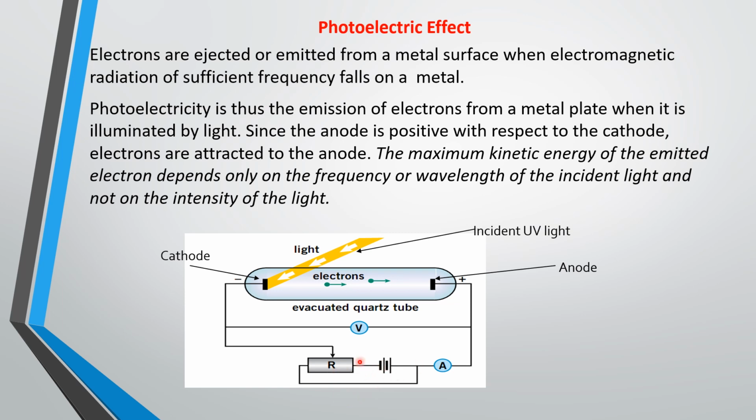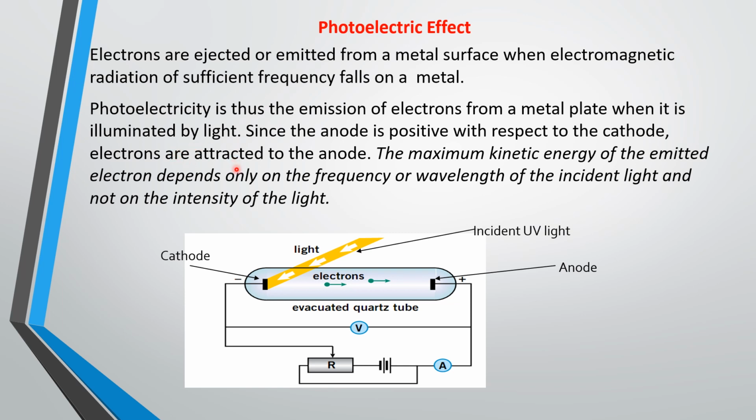Okay, so you just complete this drawing, and what you need to do is write some little theory on this, and you have your full mark. So electrons are ejected or emitted from a metal surface when electromagnetic radiation of sufficient frequency falls on a metal. Photoelectricity is thus the emission of electrons from a metal plate when it is illuminated by light.